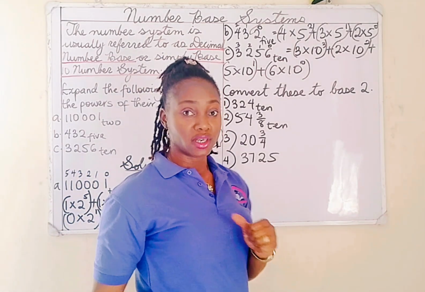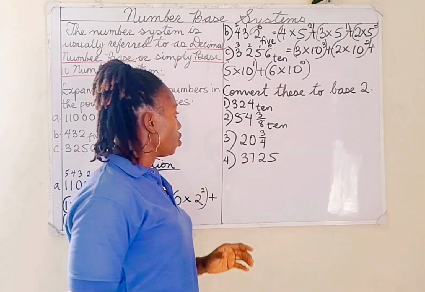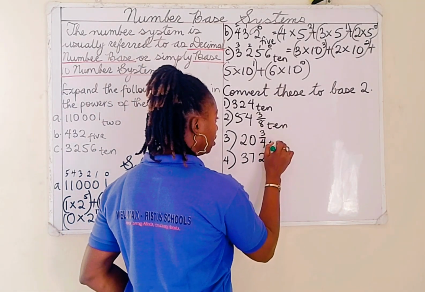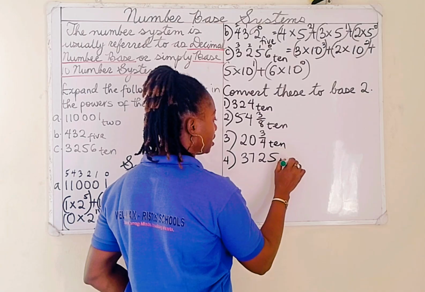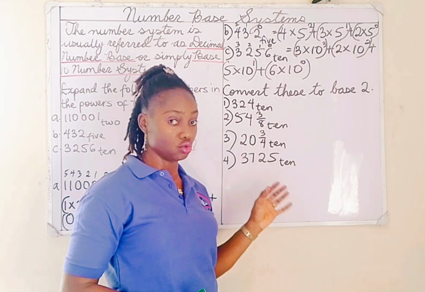Now we have some questions on the board that say convert these to base 2. We have all of them in base 10. So let's convert all of these to base 2.